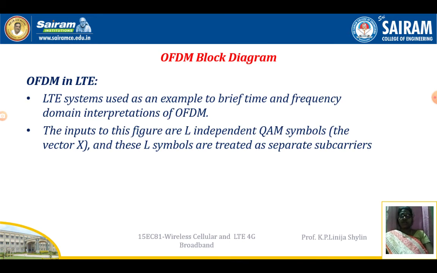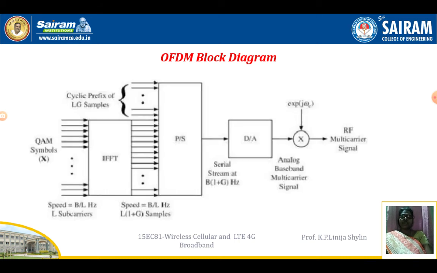Now, orthogonal frequency division multiplexing in long term evolution. Here two domains are used, the time domain as well as the frequency domain. The input is L independent quadrature amplitude symbols, that is the vector X, and these L symbols will be treated as separate carriers.